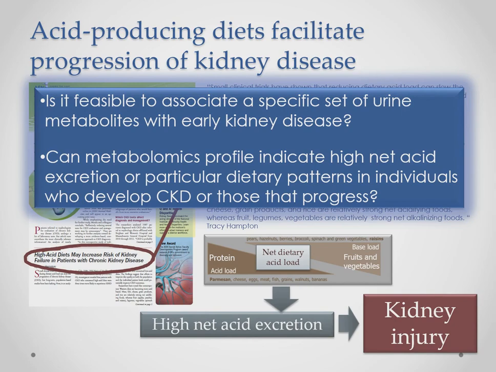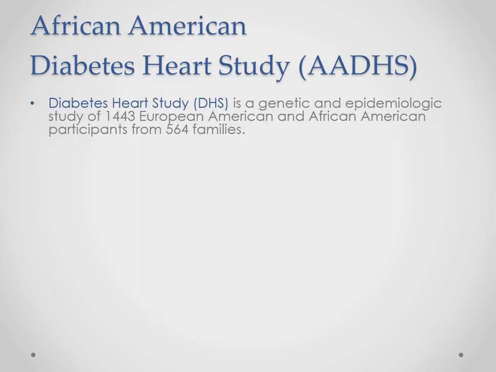that progress. And so to answer this question, we have analyzed samples from our African American Diabetes Heart Study, which is a branch of a longitudinal epidemiologic and genetic study.